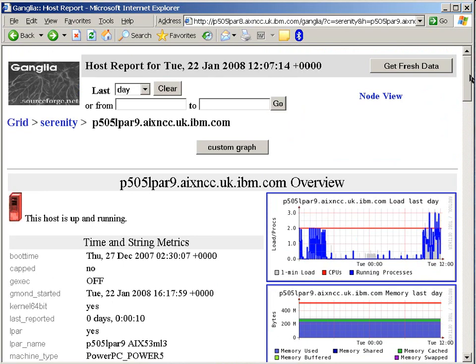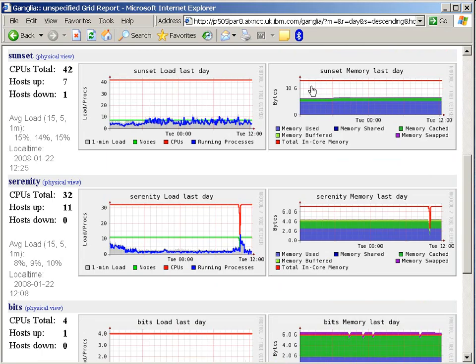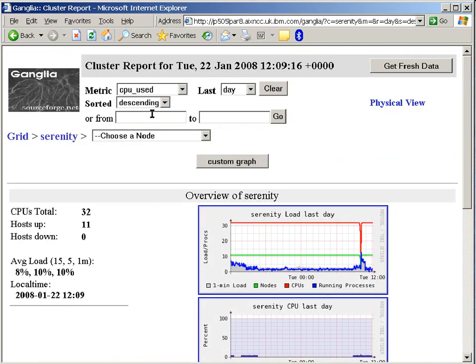Okay, that's just a quick look around of what we can do with this basic version of Ganglia. Let's look at the Serenity cluster again. I have an extension up here that allows us to look at any particular period of time, and we've increased the amount of data points that the RRD tool captures under the covers.